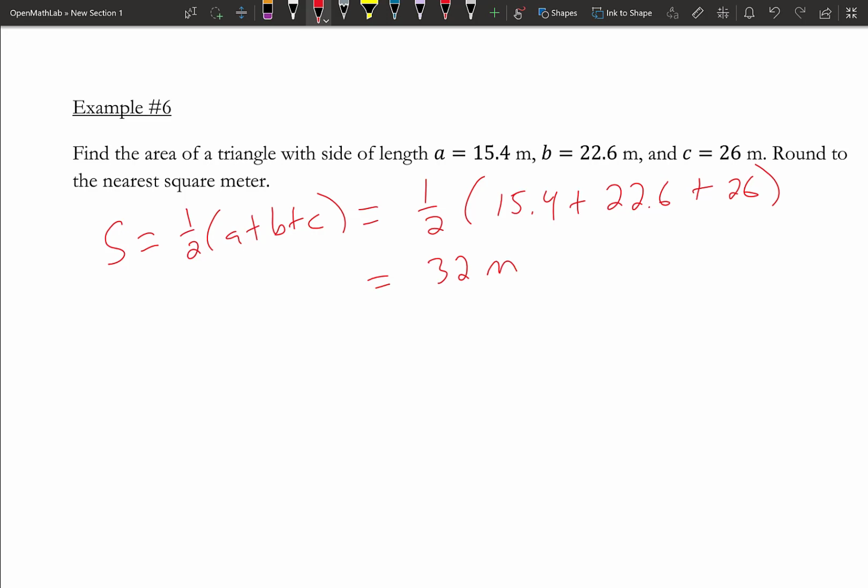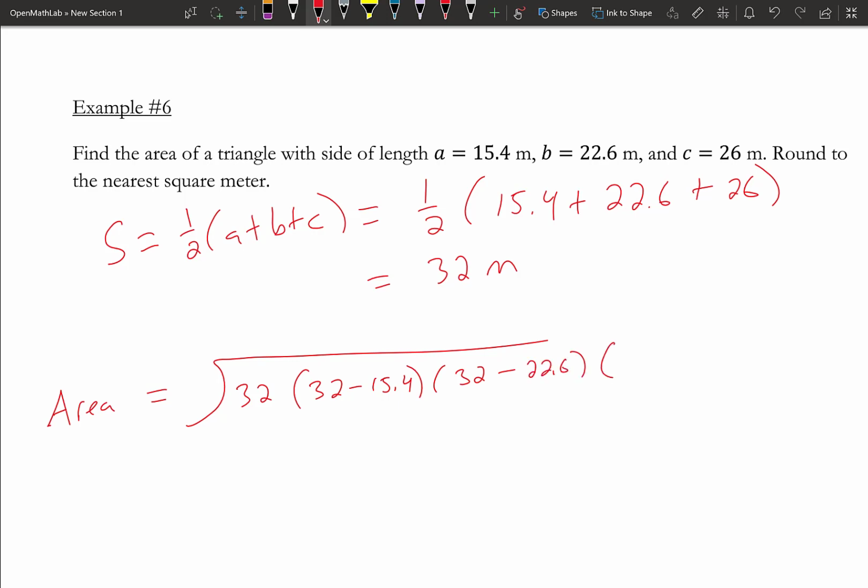Then the area is equal to the square root of S, so 32, times S minus A, so 32 minus 15.4, times 32 minus 22.6, which is B, and then S minus C, which is 26. If you plug that in your calculator, you'll get an approximate area of 173 square meters, since we're asked to round to the nearest square meter.